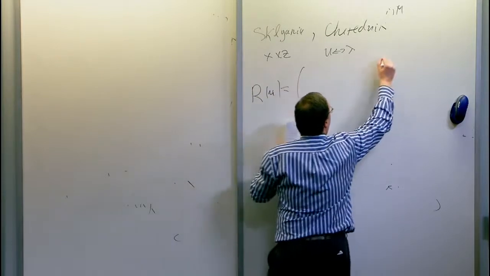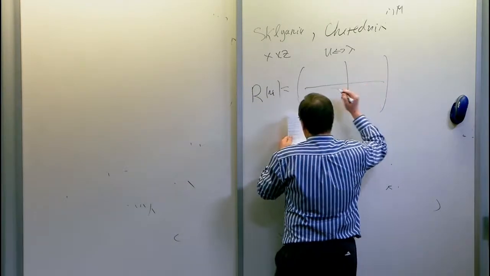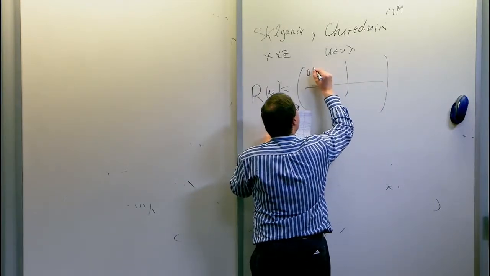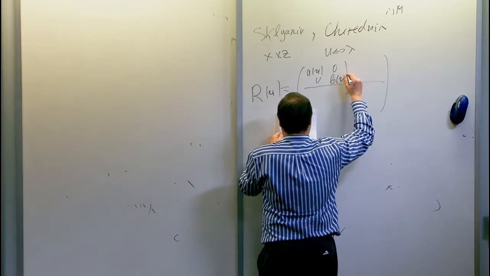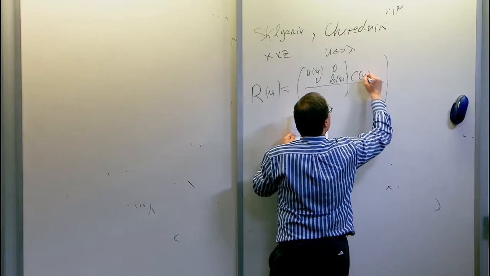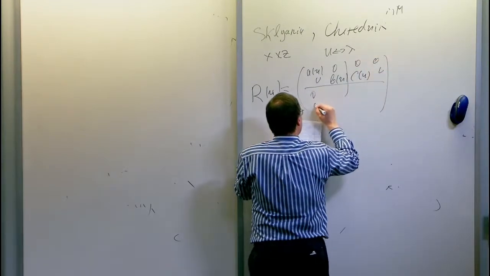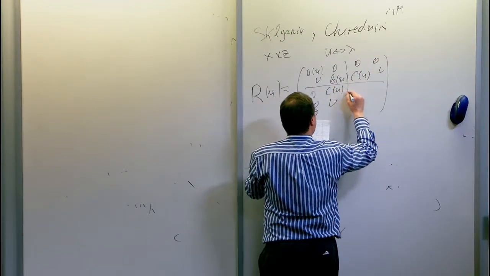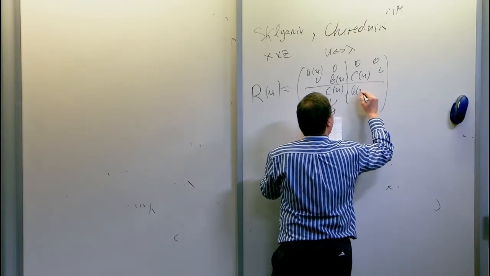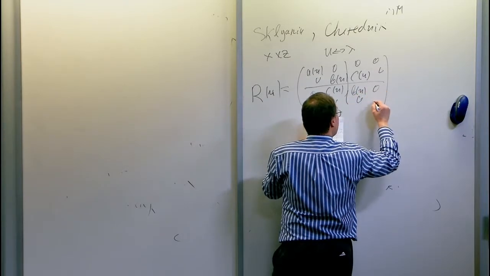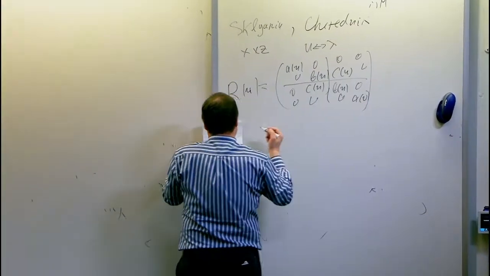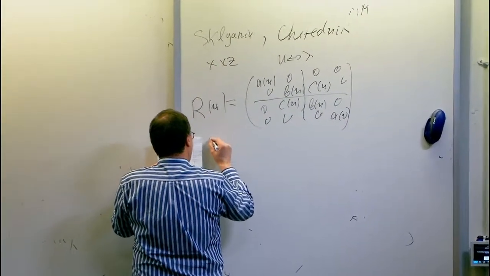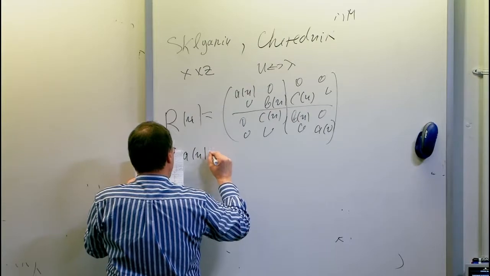It's still a 4x4 R matrix, and still the entries A, B, C, A are trigonometric hyperbolic functions, just with a little bit of change of notation.